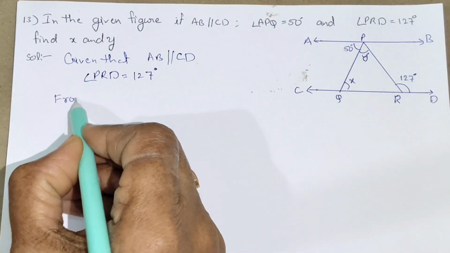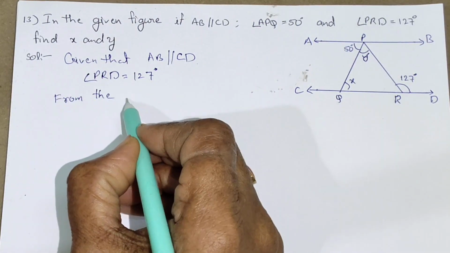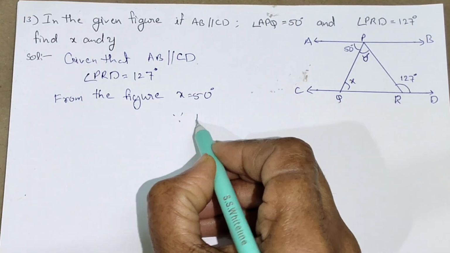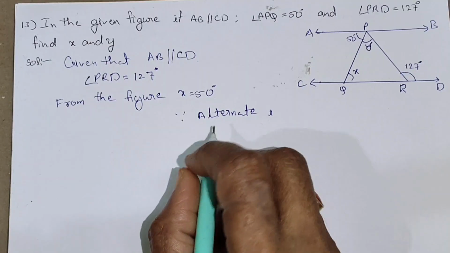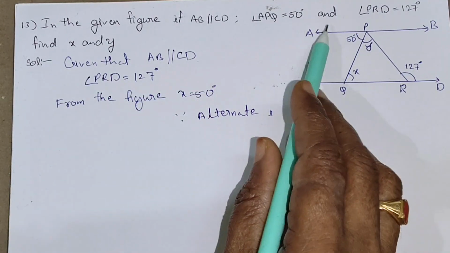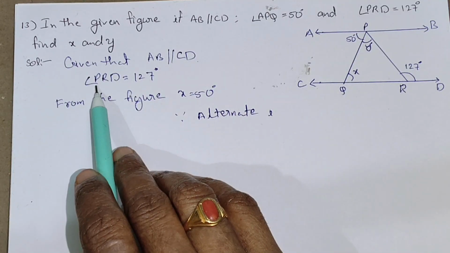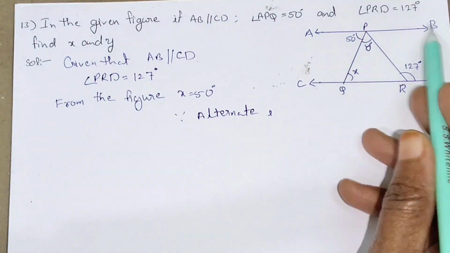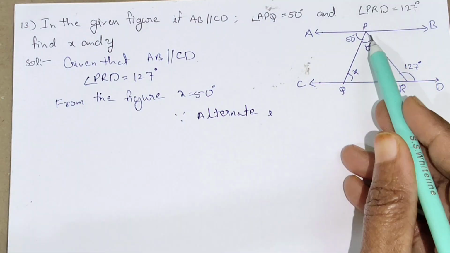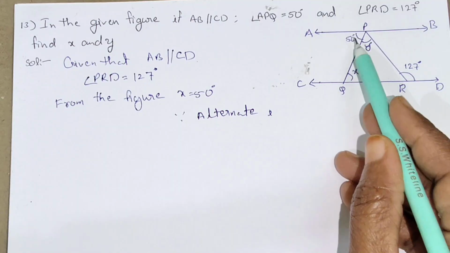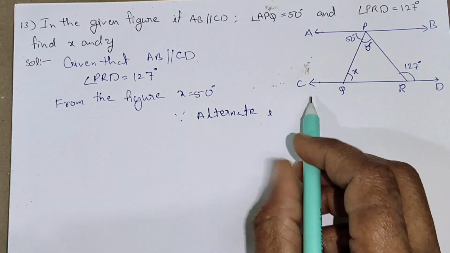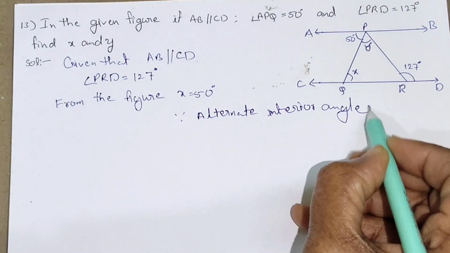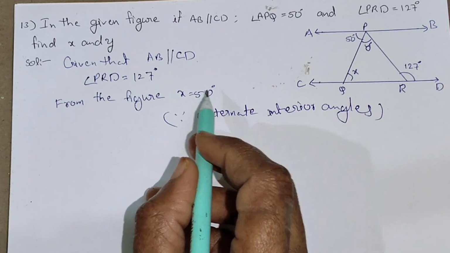So from the figure, x equal to 50 degrees since alternate interior angles. Alternate interior angles means these two are equal, x equal to 50 degrees.